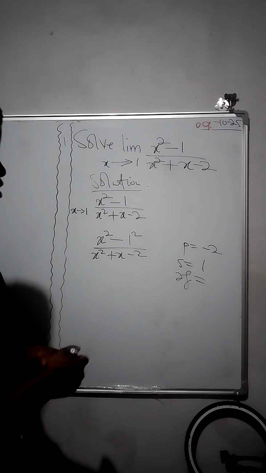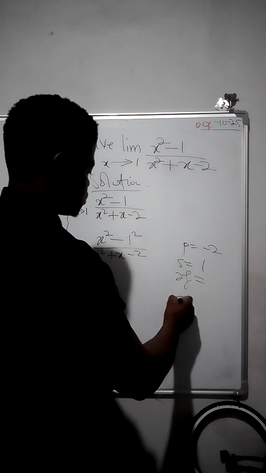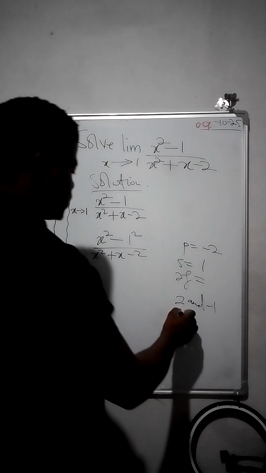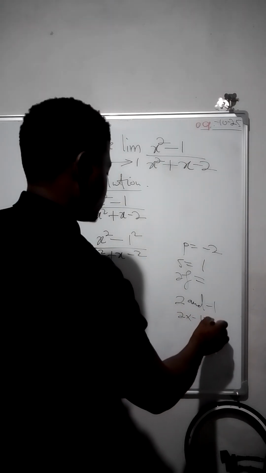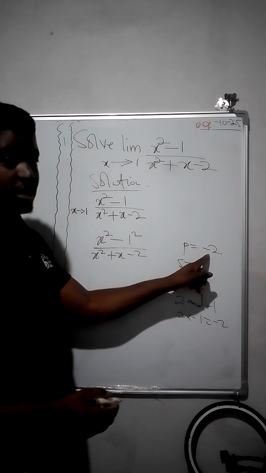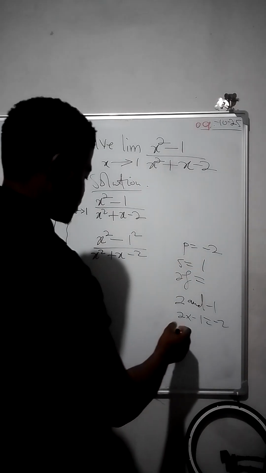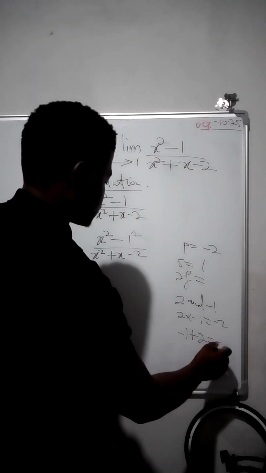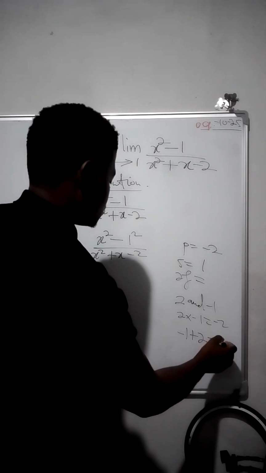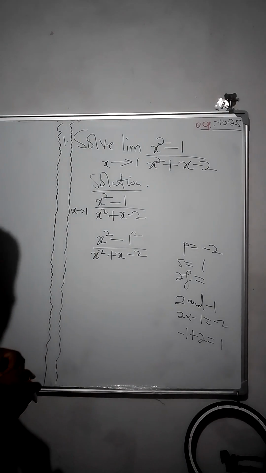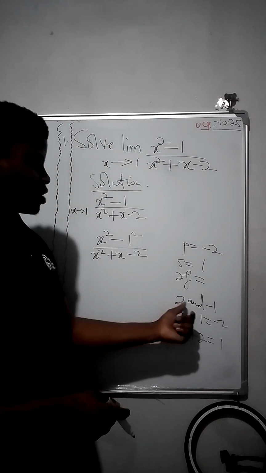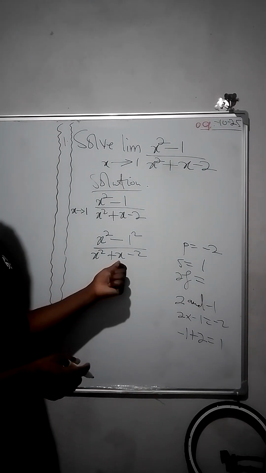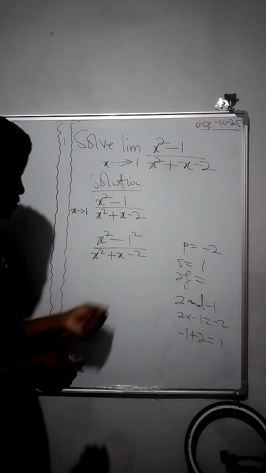We can check those two numbers to be 2 and negative 1. When we multiply 2 times negative 1, we get negative 2, which is the product. And when we add negative 1 plus 2, we get positive 1. So 2 and negative 1 are the two numbers that we can use.